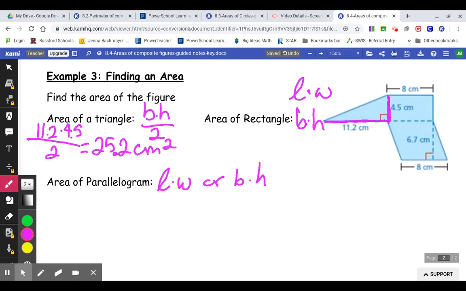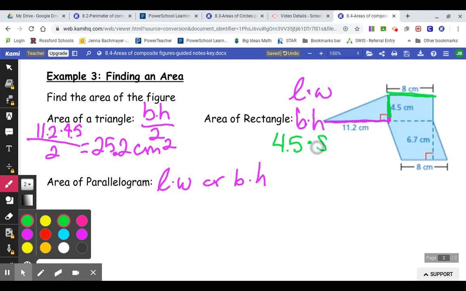The area of the rectangle is 4.5 times 8, and that is going to equal 36 centimeters squared.